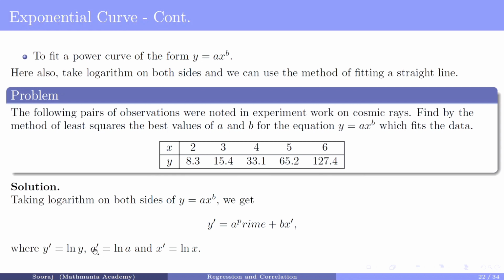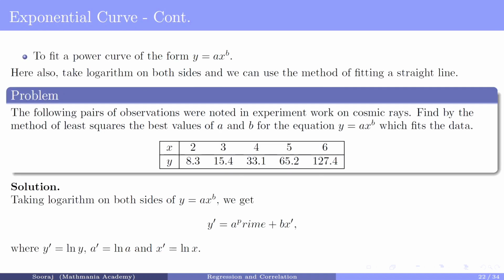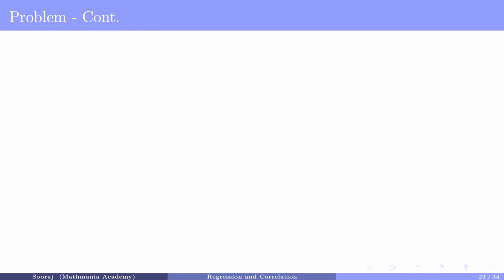So finally we let log a be a prime, log x be x prime, and log y be y prime. So basically we have a linear expression in terms of y prime, a prime, b, and x prime.